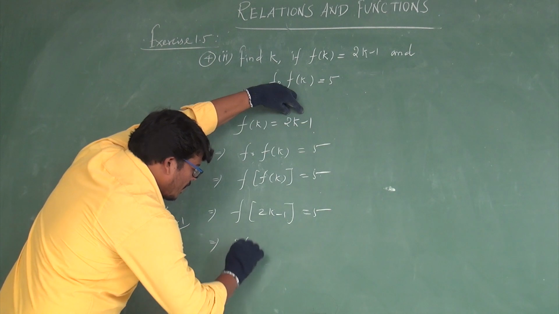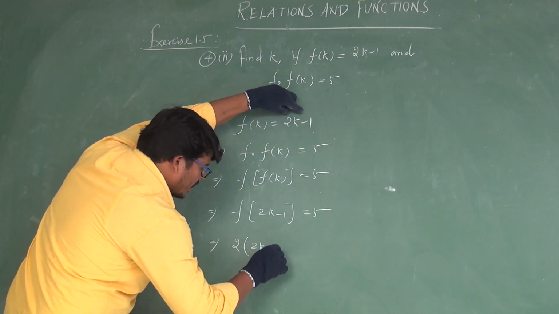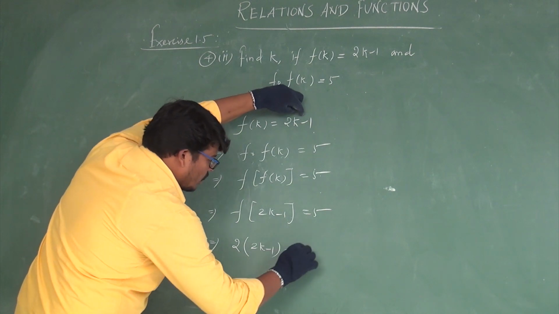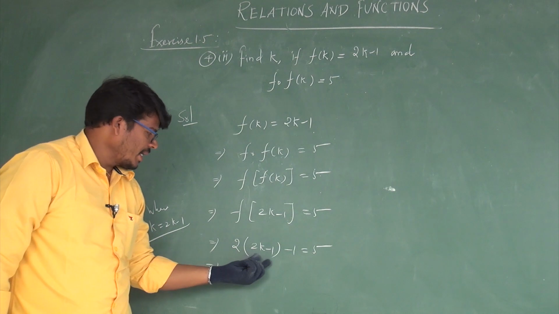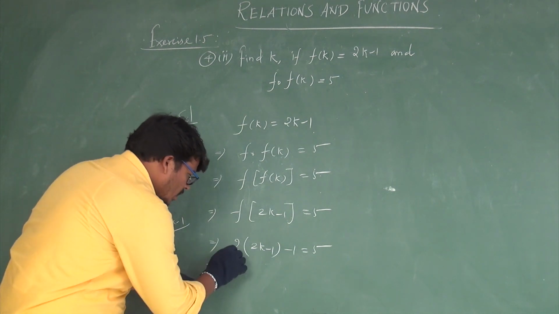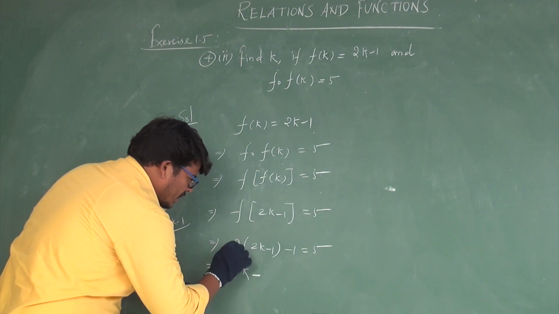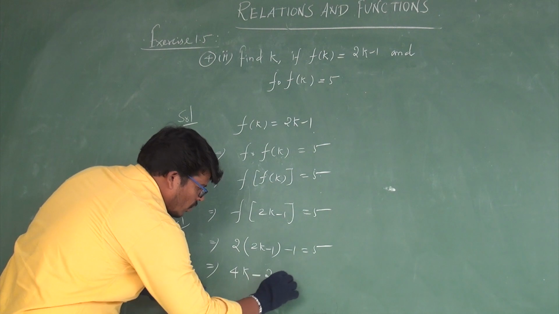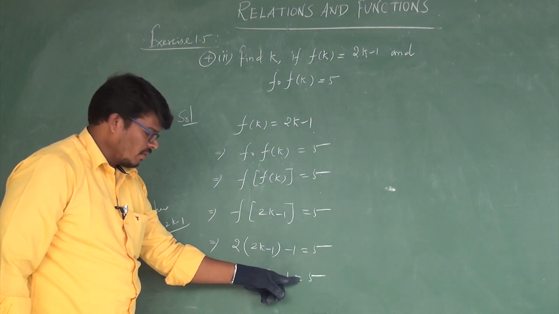Here k equals 2k minus 1, so 2 times (2k minus 1) minus 1 equals 5. Now multiply by 2 in both terms: 2 twos are 4k, 2 ones are 2, so 4k minus 2 minus 1 equals 5.